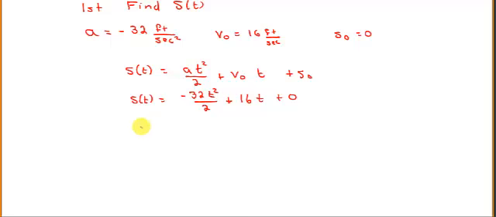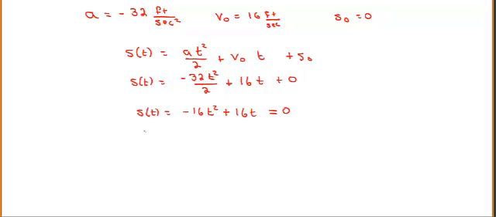Or that would be that S of t is equal to negative 16t squared plus 16t. And we want to find out where that's at 0, because when S is 0, the position we're located at is ground level.